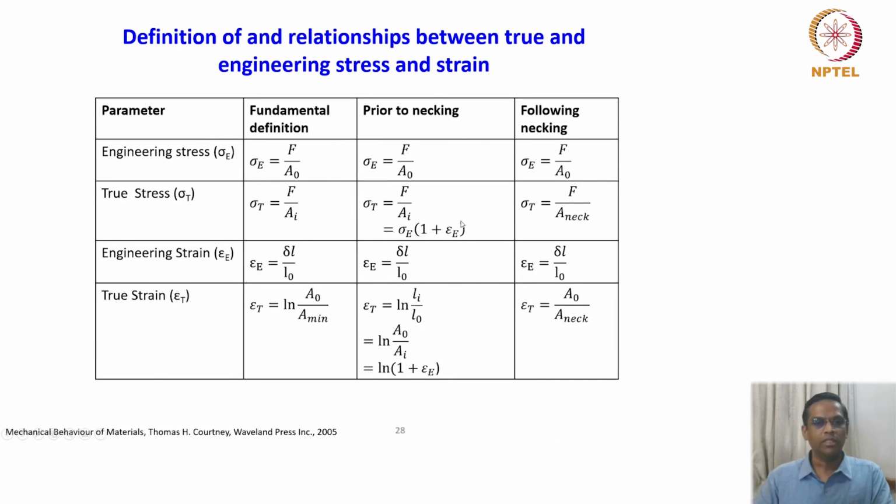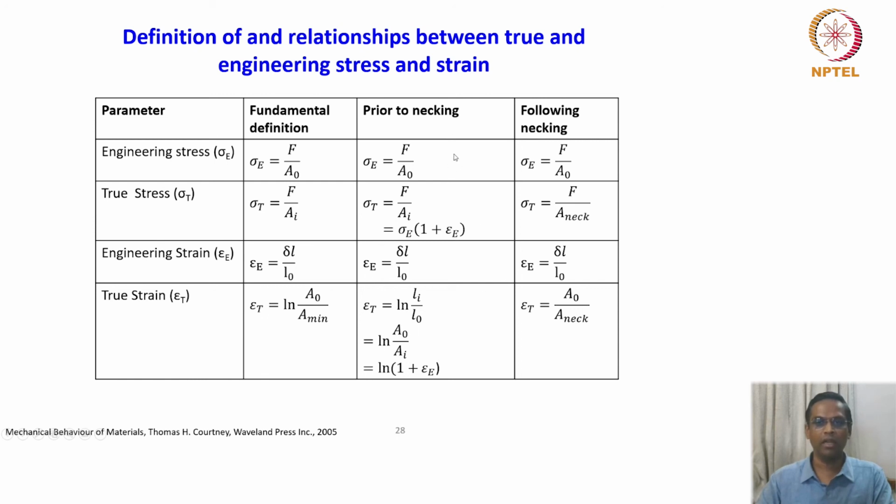Whatever we have just seen, this table summarizes the whole result. It will be very handy to look at it all in one table. We have the fundamental definitions of engineering stress, true stress, engineering strain, and true strain. And then these relationships appear as they are prior to necking, or with some equivalent relations.